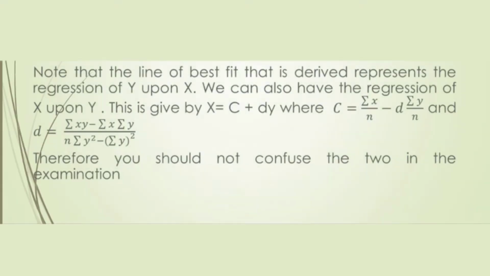So you have to note that the line of best fit that is derived represents the regression of y upon x, but you can as well have the regression of x upon y, given by a different formula. So you should not confuse those two. We use different equations.